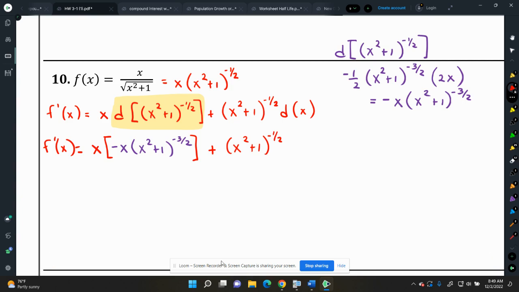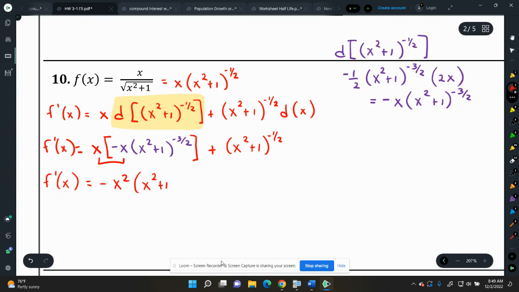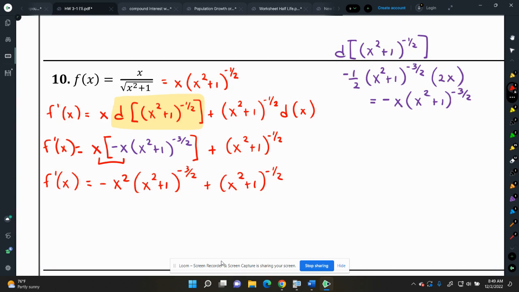So again, we just have to clean it up. F prime of x equals negative x squared, right? I just distributed, times x squared plus 1 to the negative 3/2 plus x squared plus 1 to the negative 1/2. And we're done. Okay.